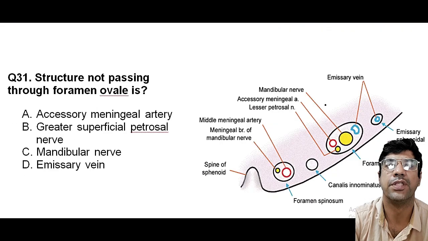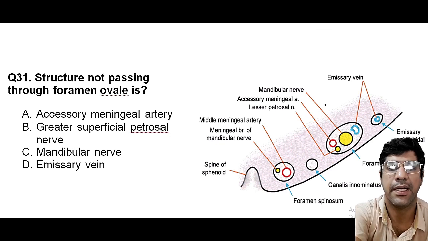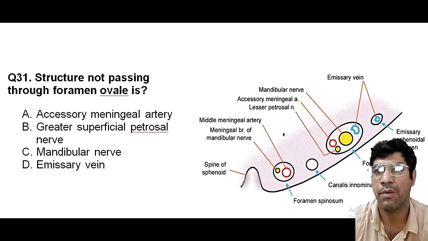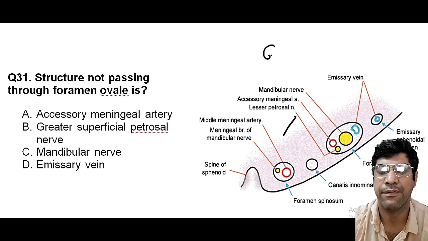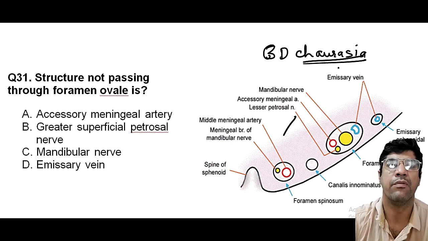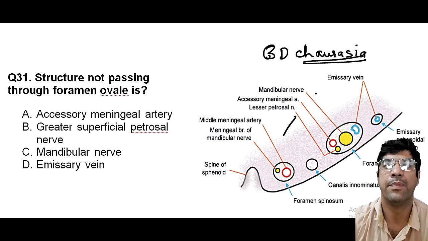Moving to the next question: structures that are not passing through foramen ovale. The structure pic is from your Gray's and from your BD Chaurasia. Remember the mnemonic MALE.